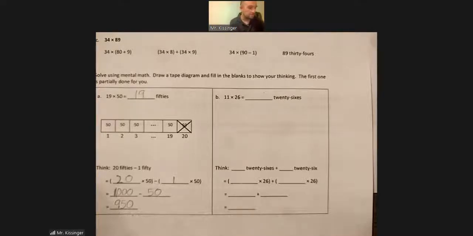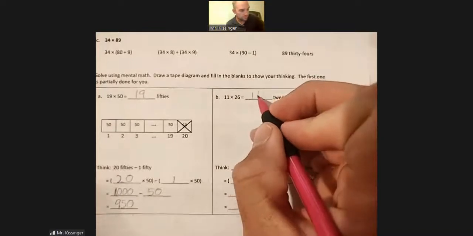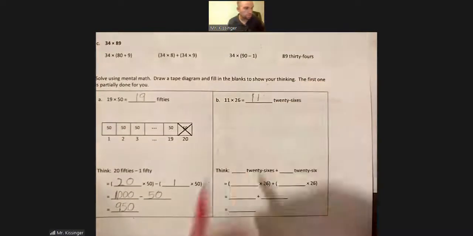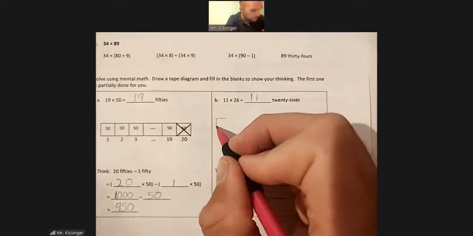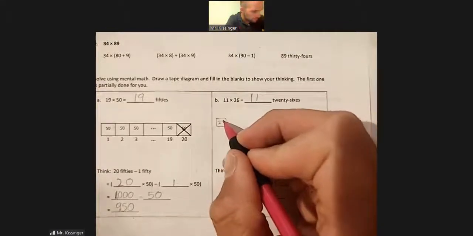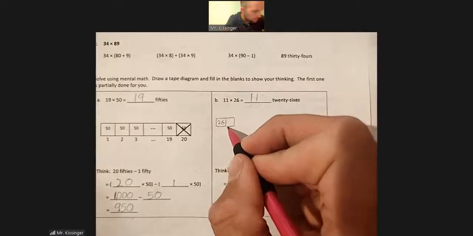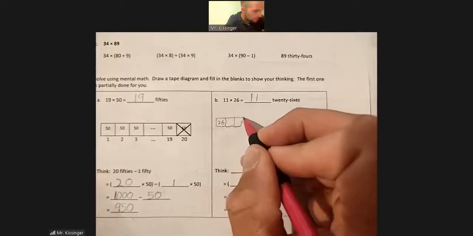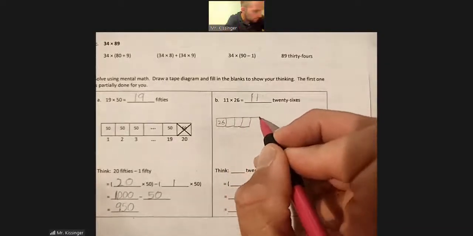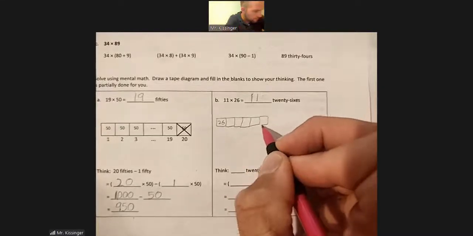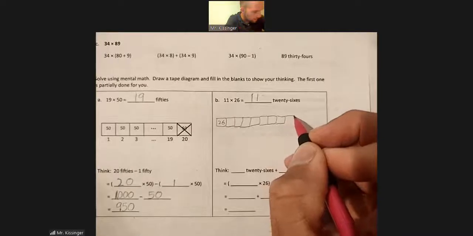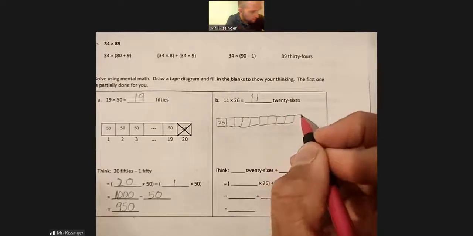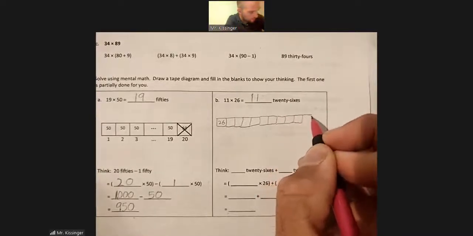It says 11 times 26 equals 11 26s. So now we have to draw 11 26s in a tape diagram. So this will be 26. 1, 2, 3, 4, 5, 6, 7, 8, 9, 10, 11.